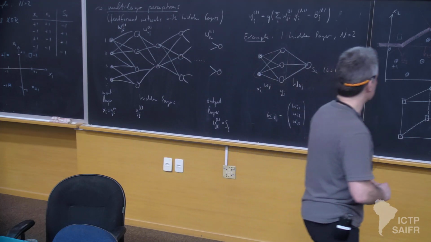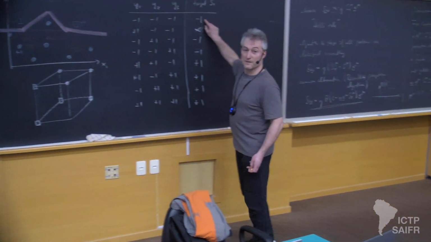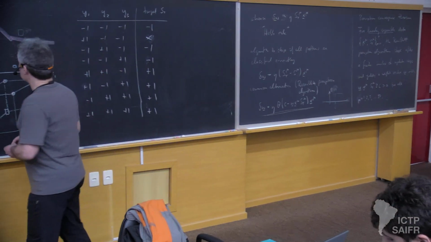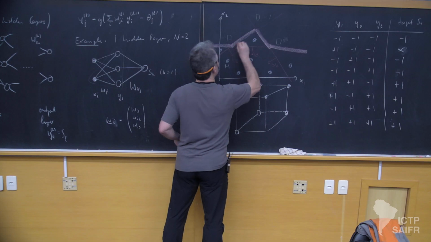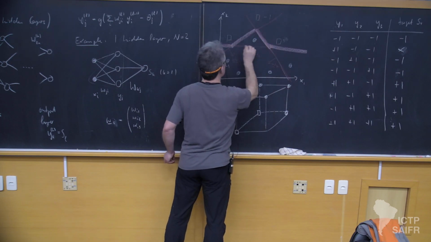Okay, yes, I can. You mean this to this? Yeah. So what I'm using is that, can you see these boundaries here that I sketched? This one and this one and this one.